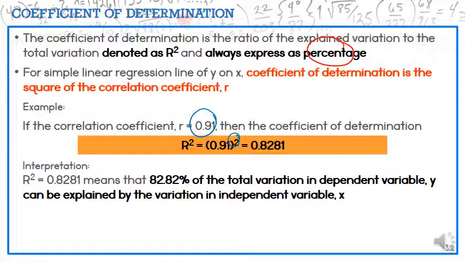So you get 0.8281. But normally when we interpret the value, we interpret it in terms of percentage.